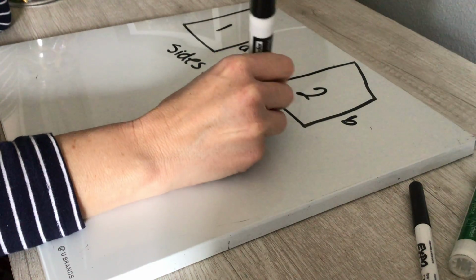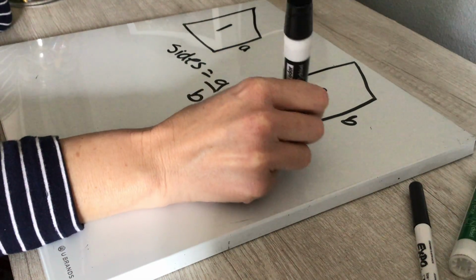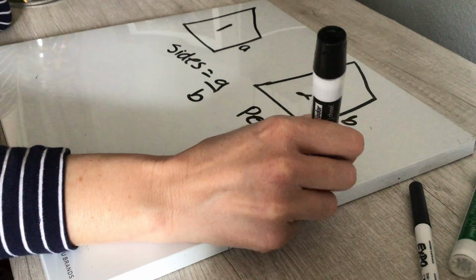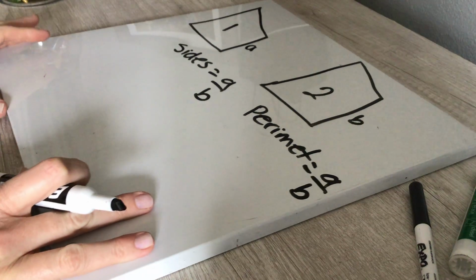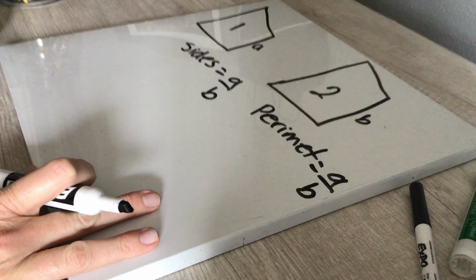The perimeter has the same ratio, A over B, or again, B over A.